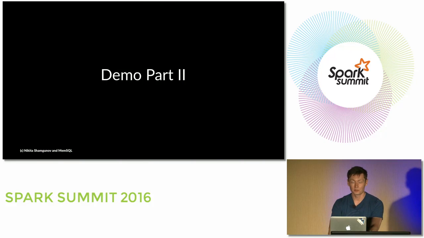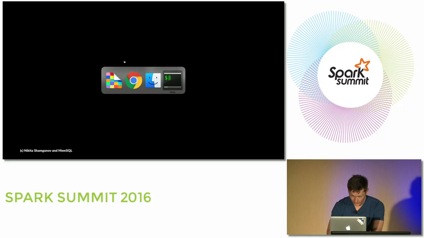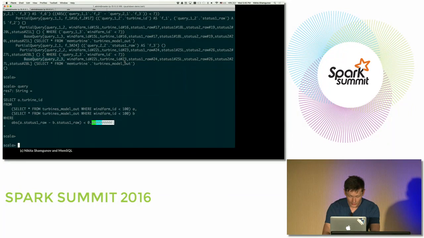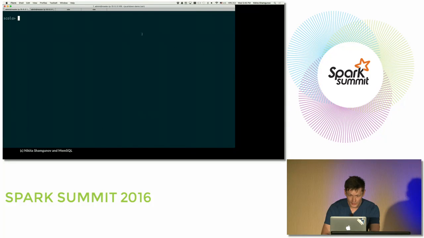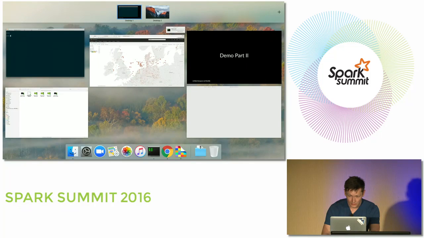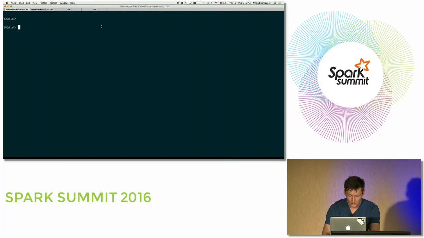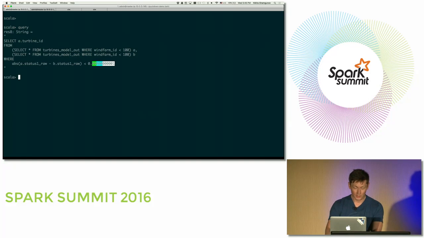All right, so let's look at pushdown. Here I have the Spark shell running, and I have a query. This query is, again, running against the same data that PowerStream is processing. And here's the definition of that query.